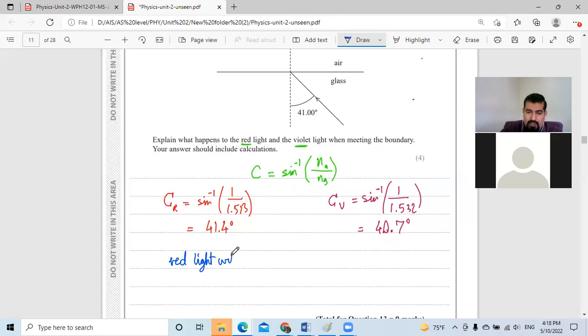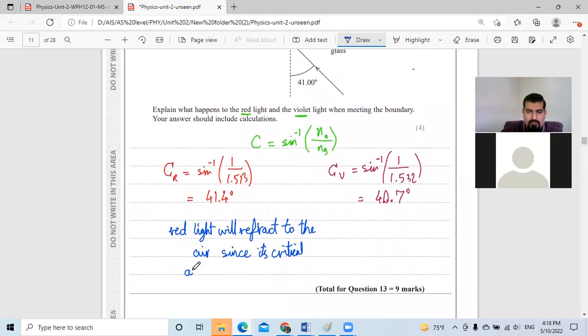Will refract to the air, since its critical angle is more than 41 degrees.